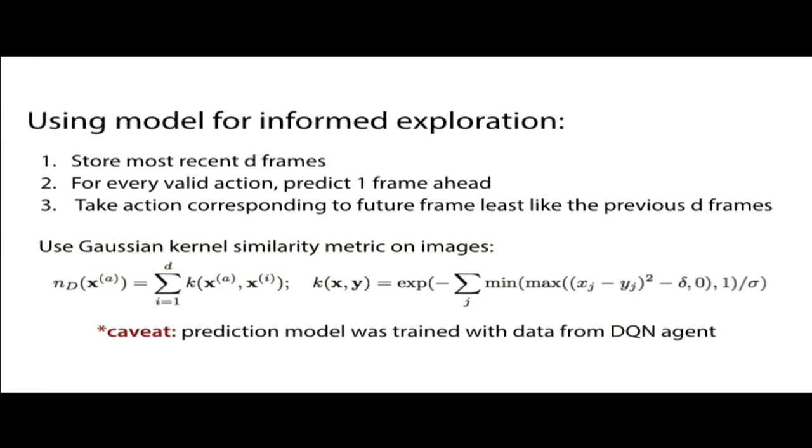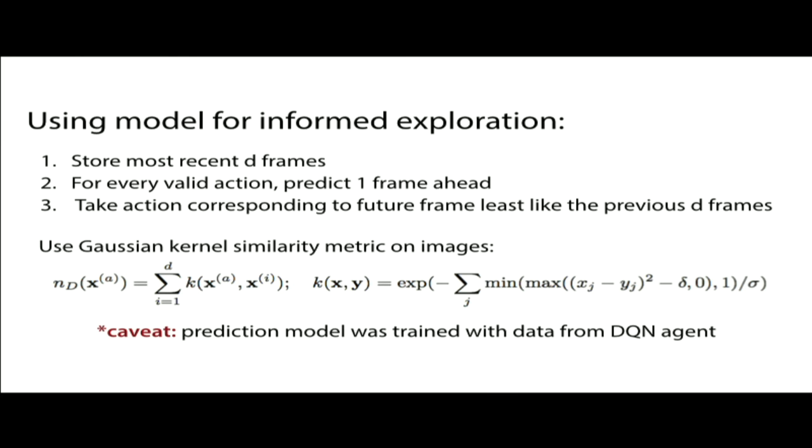The one caveat here is that they're using this for exploration in order to explore more of the environment, but the prediction model was actually trained on data from a DQN network that saw a lot of the states, and so it was able to make reasonable predictions for different states. But if you're going to try this on a system that hasn't learned anything before and you want to figure out how to explore new states, you're not going to have this data available to train your prediction model, and you'll need to train it more from the ground up.